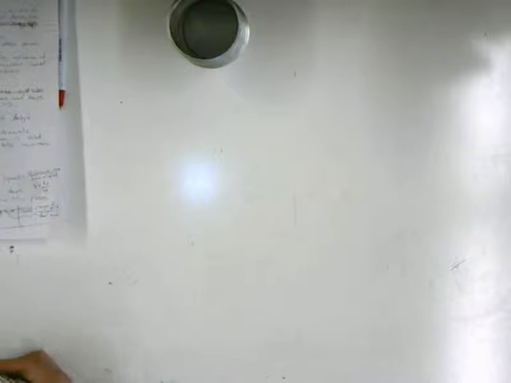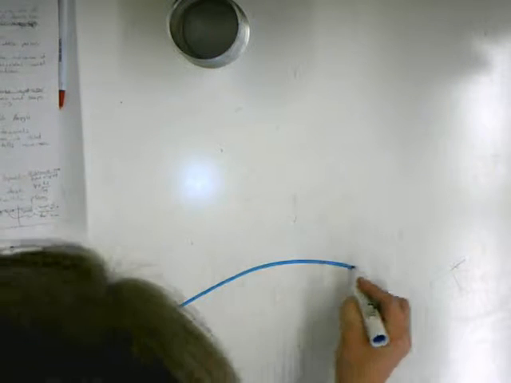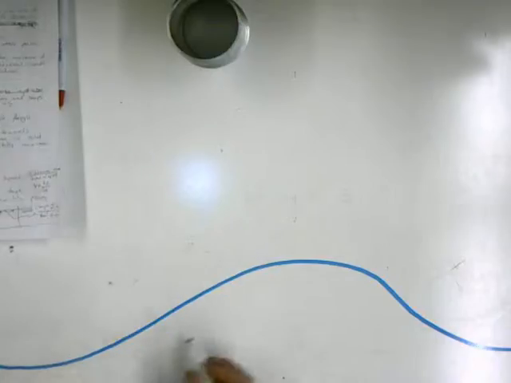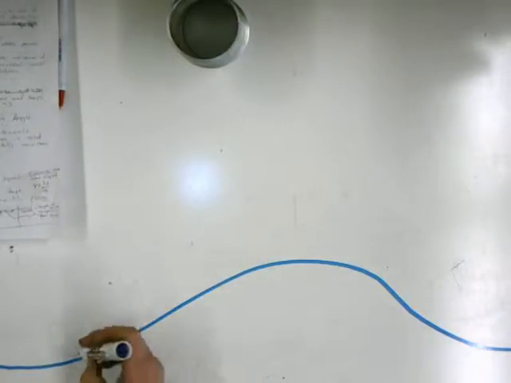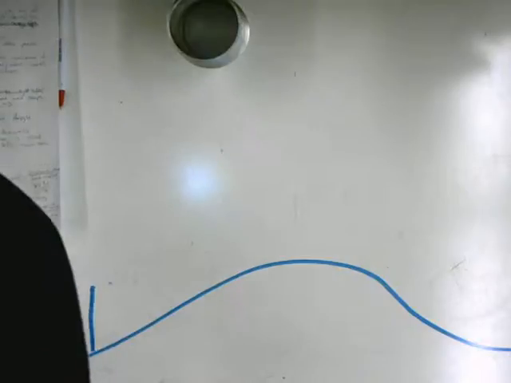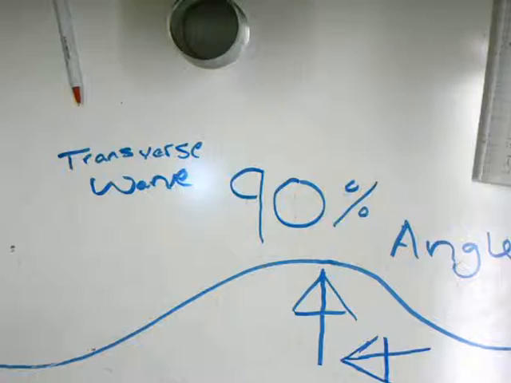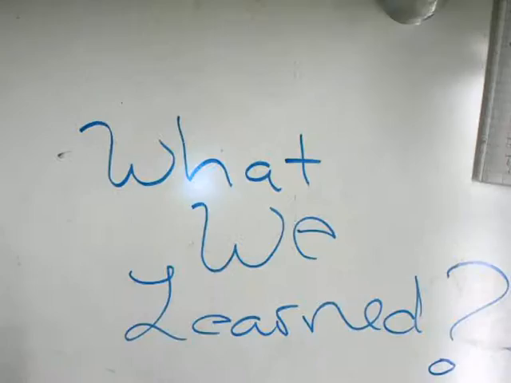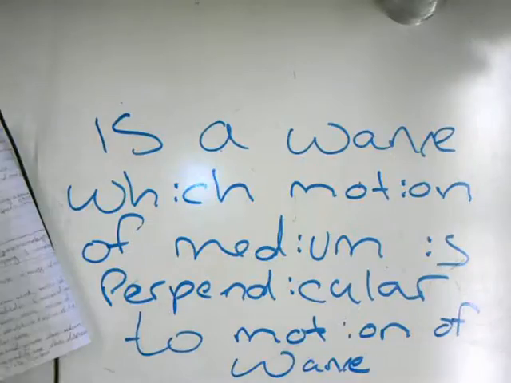So, show how it was moving. The coils move 90 degrees for a transverse wave. What we learned is a transverse wave is a wave where the motion of the medium is perpendicular to the motion of the wave.